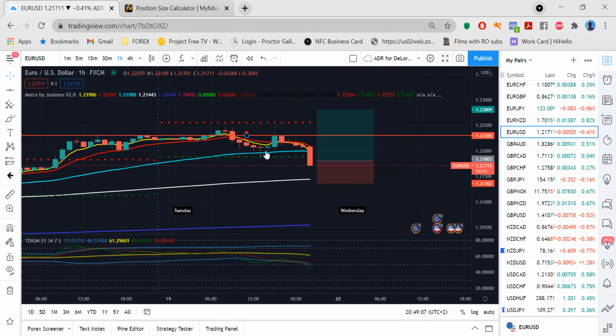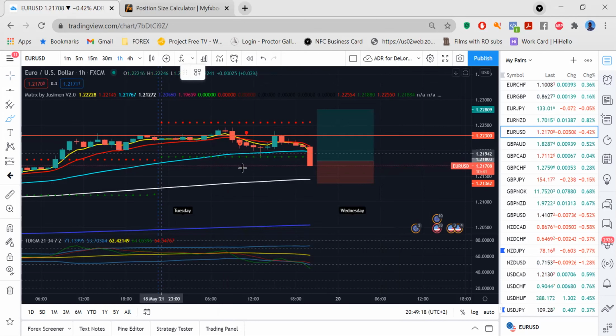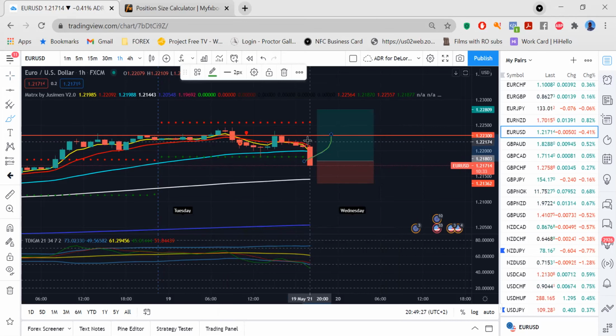and now we get a little clock over there. So if and when price comes up here, even if it just comes up there for a minute, that alert is going to go off. I'm going to receive the alert on my phone or on my desktop, and then that's my signal to move my stop loss to entry.